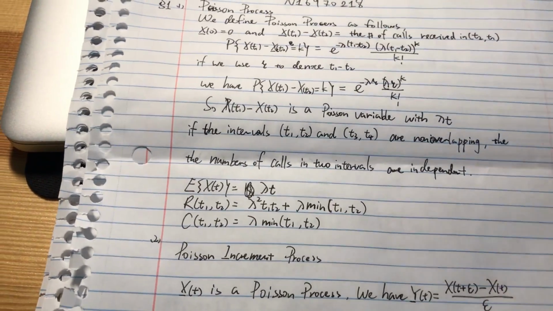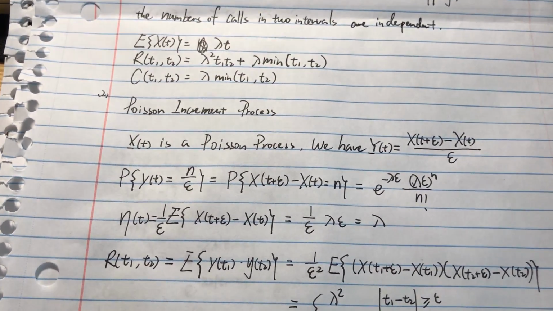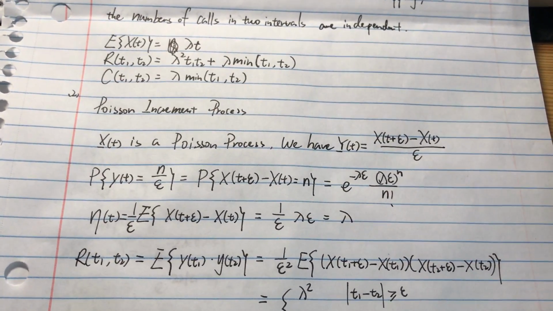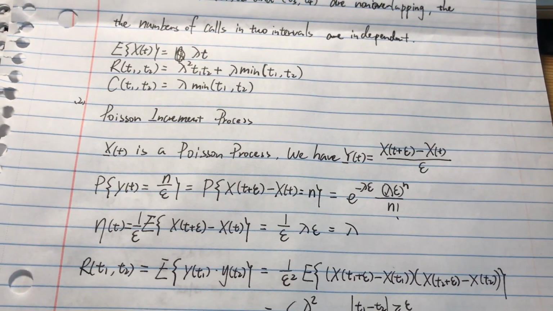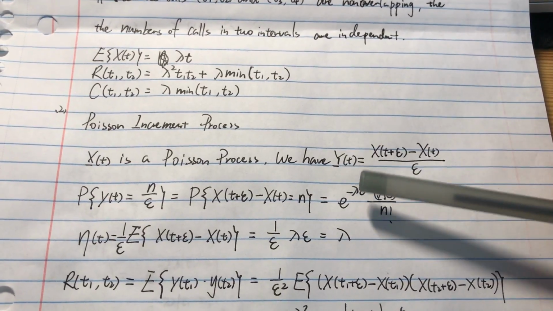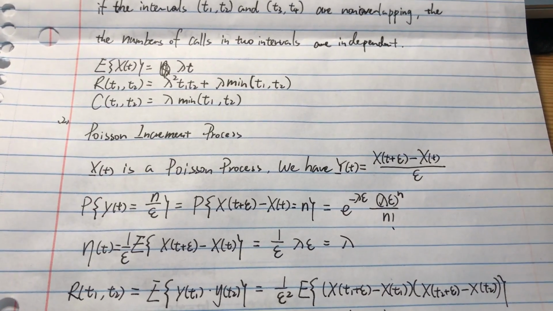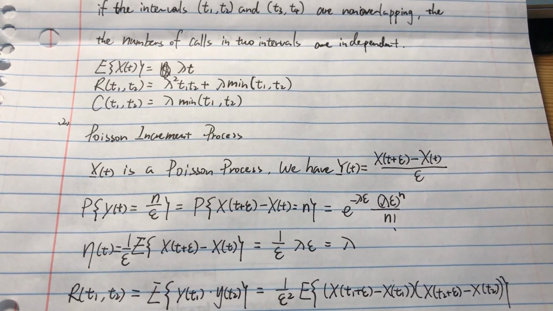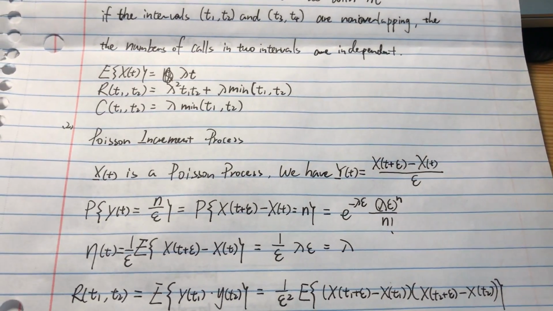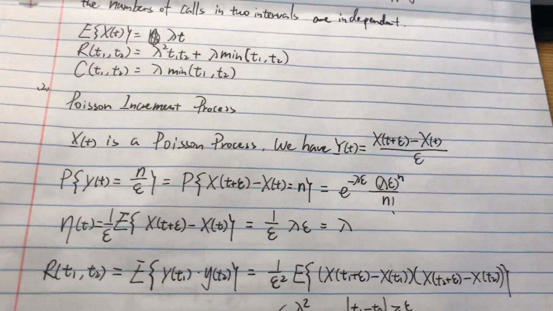The next process is the Poisson increment process. X(t) is a Poisson process, so if the random variable Y(t) equals X(t plus epsilon) minus X(t), over epsilon, then we define Y(t) as a Poisson increment process.